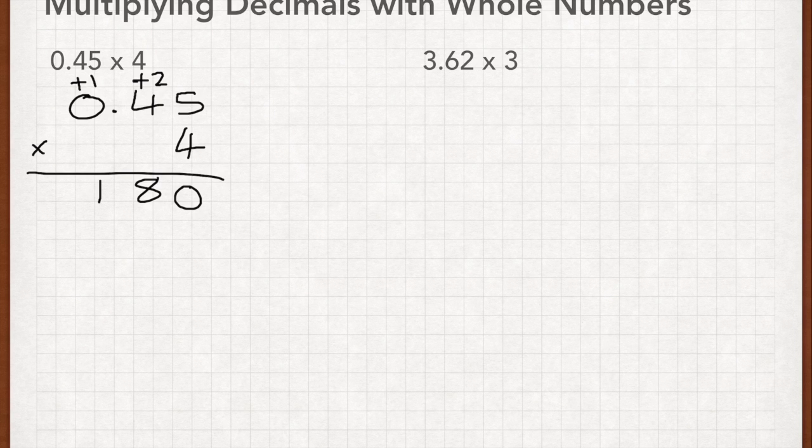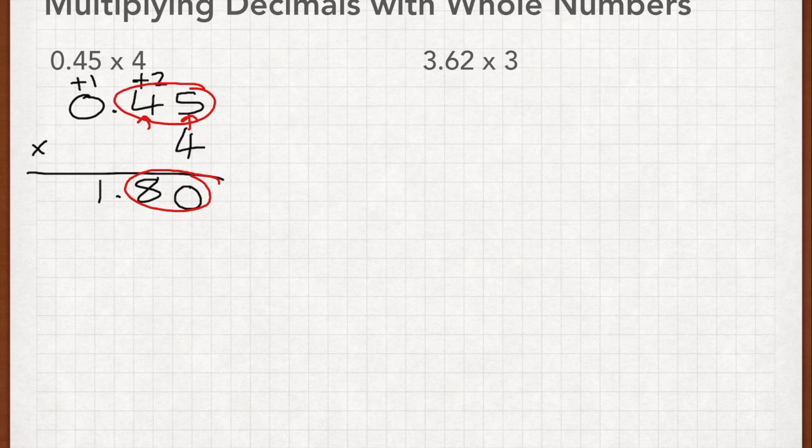Okay. And then what we're going to do is, so we've finished our answer now, but now we're going to add the decimal in. And because in our question part above the line there are two decimal places, there are two numbers after the decimal, we're going to add the decimal here so that there are also two decimals in the answer.